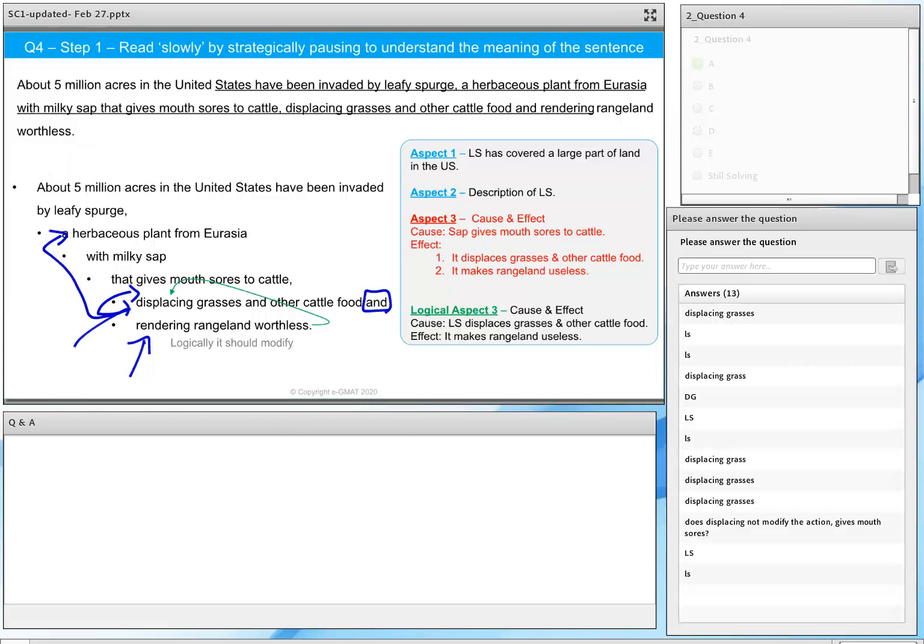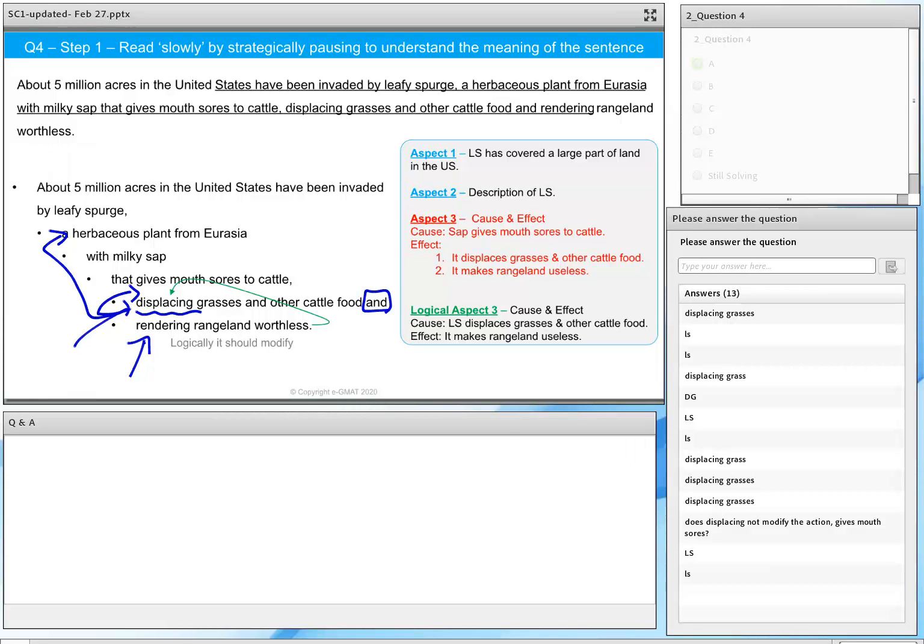So actually the indicator is already there on the screen, that this action is the result of the action displacing. Because the grasses and other cattle food are being displaced by leafy spurge, this is the reason why the grazing grounds are becoming useless.